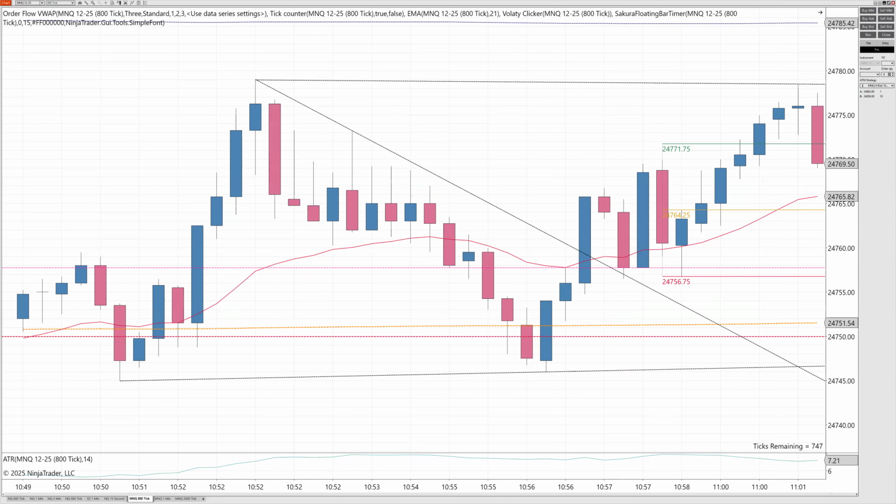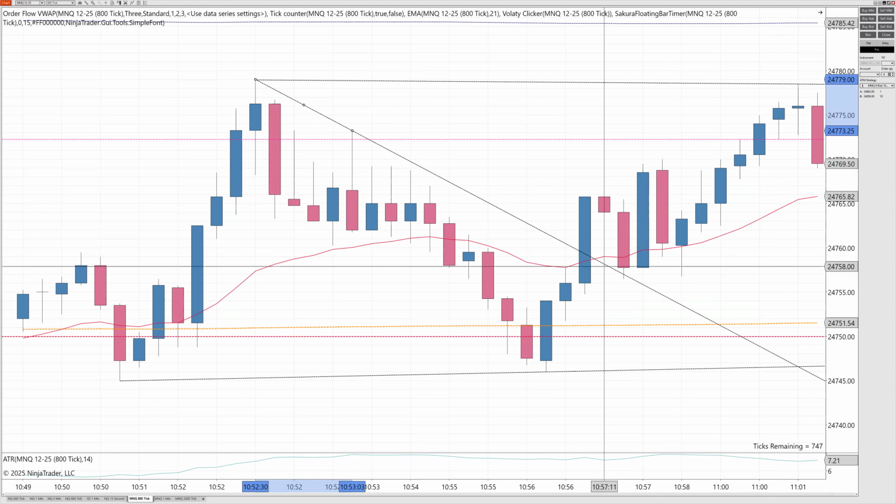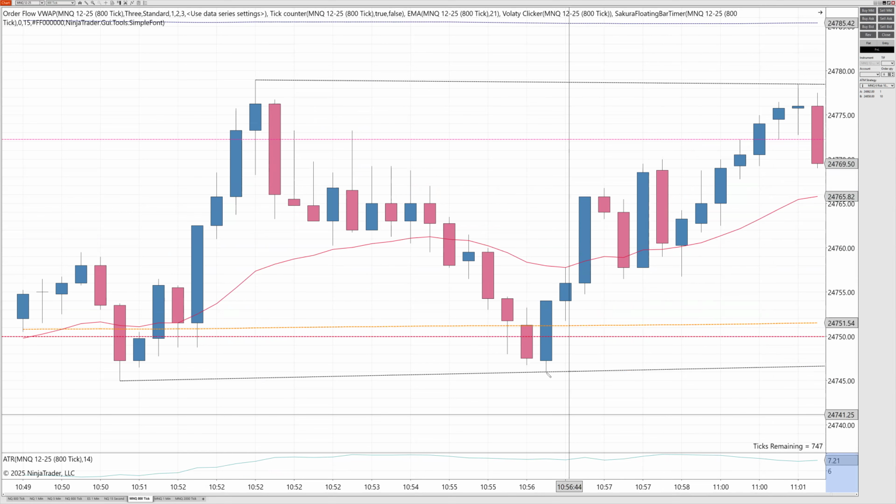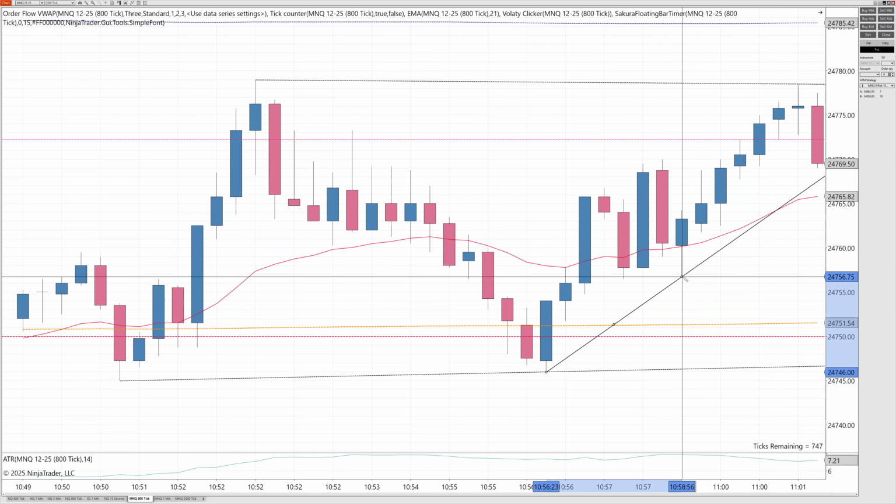Keep track of the runner. Runner got taken out right there. And now we have another trend line like this.